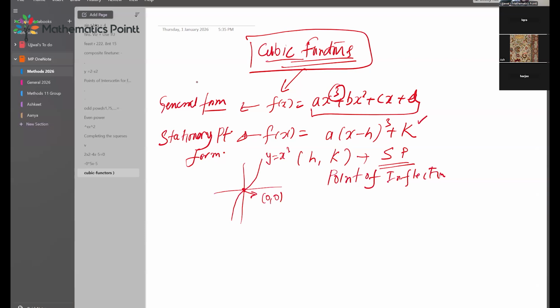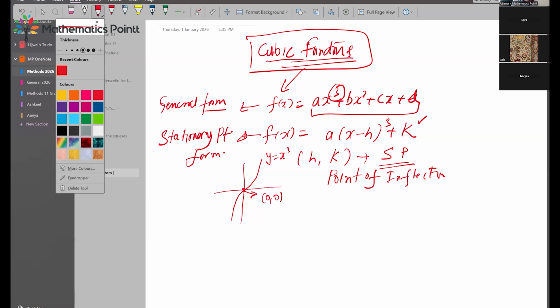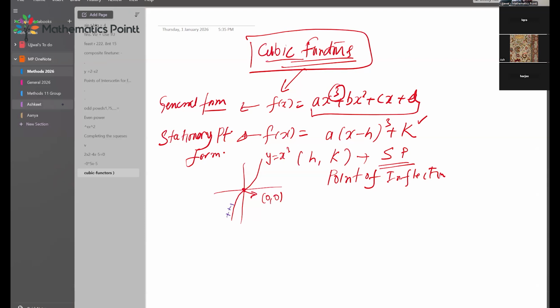What is point of inflection? From my grade 11 days, and if you remember a bit of calculus, and if I change the color of my pen, my point of inflection tells me that my gradient is positive as I'm coming from negative infinity. At this point, the gradient value is 0, or the derivative is 0, if you remember that.